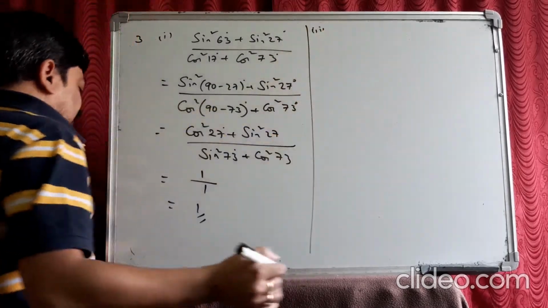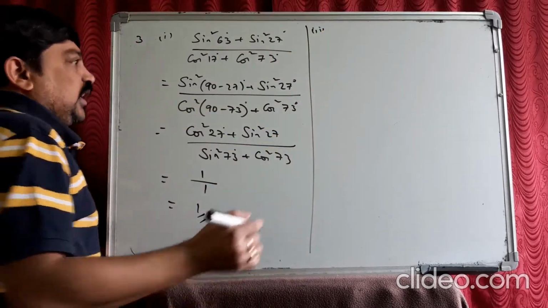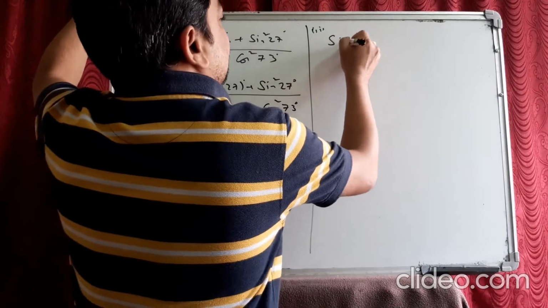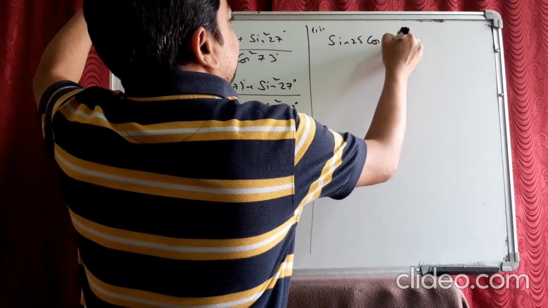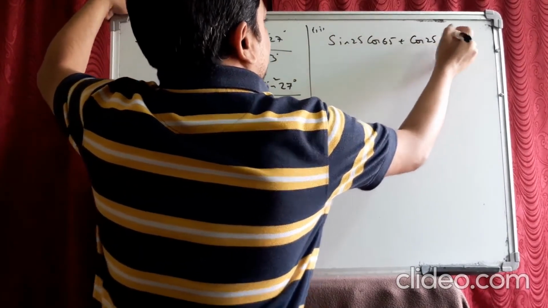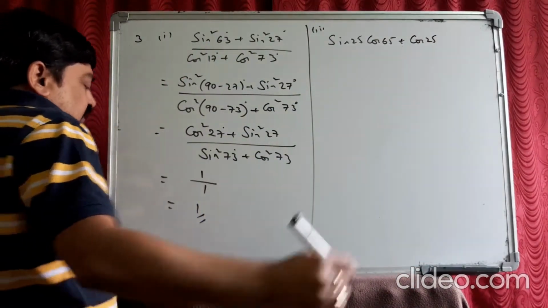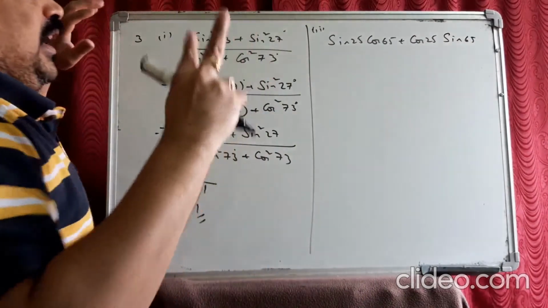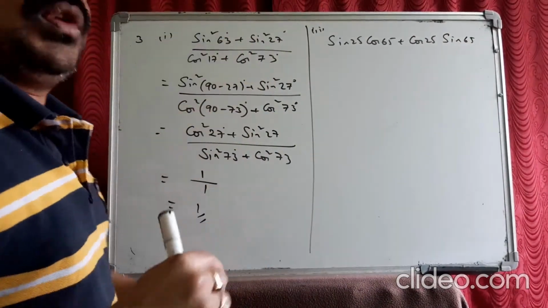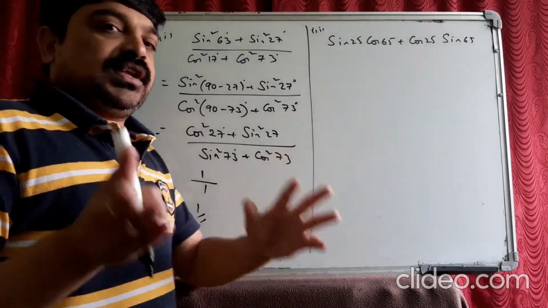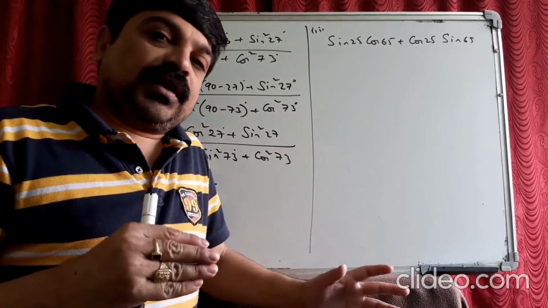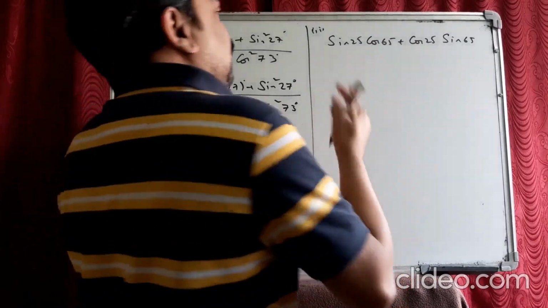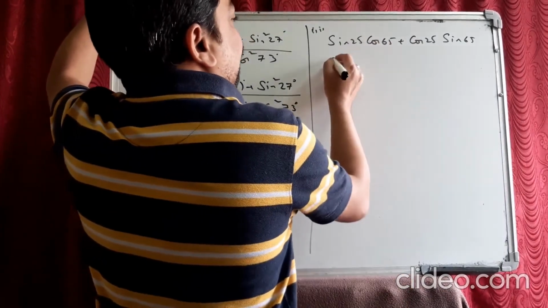The same way, second one: sin 25 cos 65 plus cos 25 sin 65. So here also you have two different angles, 25 and 65. We change any one of them. You convert either 25 into 65 or 65 into 25. So what I do is, I convert 25 into 65.